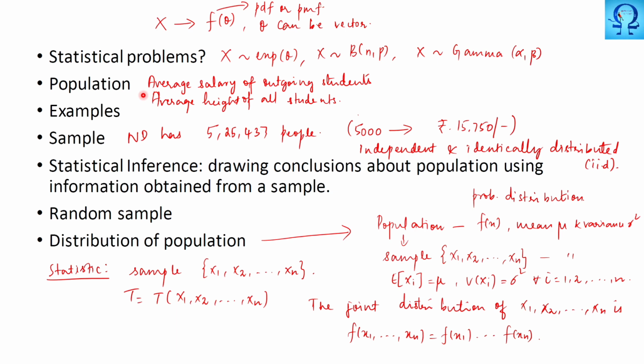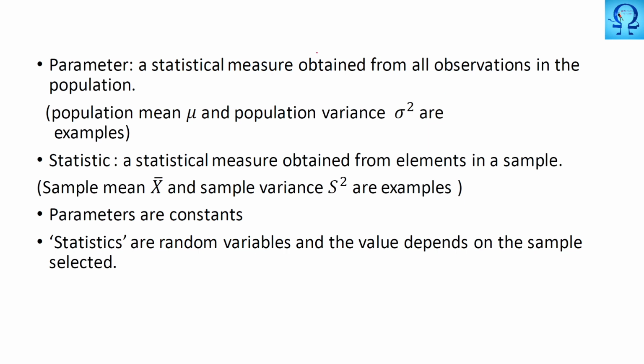And if you are testing the lifetime of an electric bulb, suppose you expect the lifetime of an electric bulb is 1000 hours. Now you are not interested in this 1000 hours, but you are interested in the variance, that this variance should not be more than 100 hours.